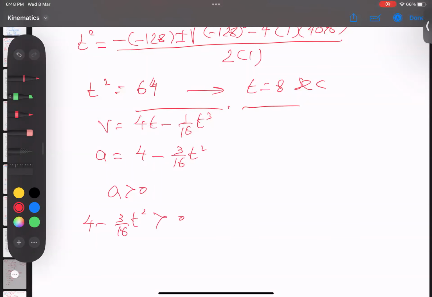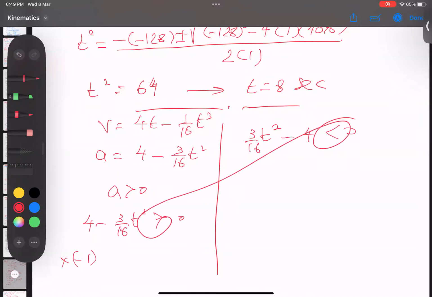But you know, I always try to make t squared positive. So multiply by negative 1. What happens then, students? The coefficient of t squared becomes positive, and this 4 becomes negative. The inequality will change.